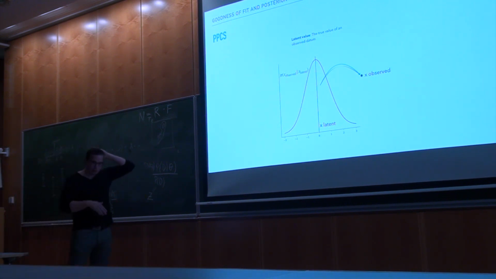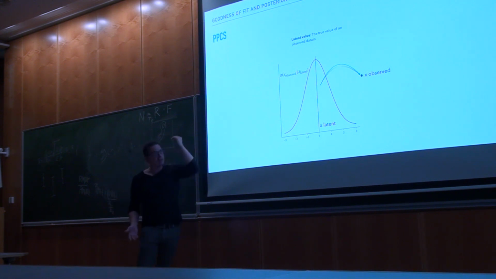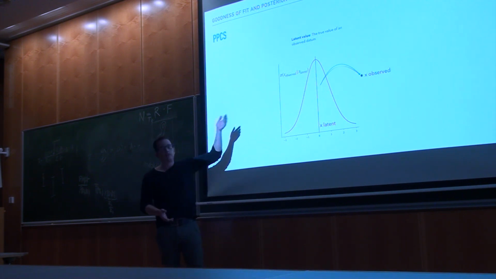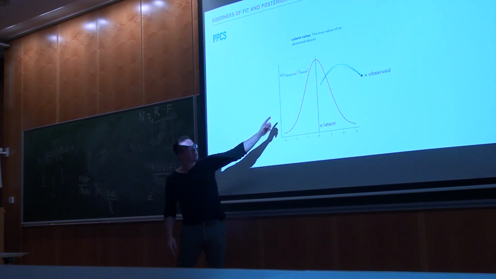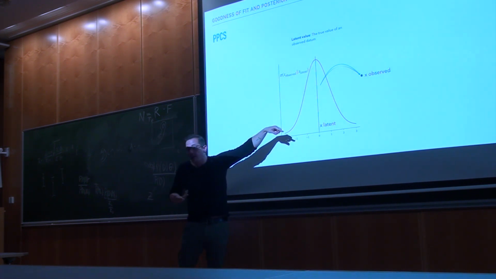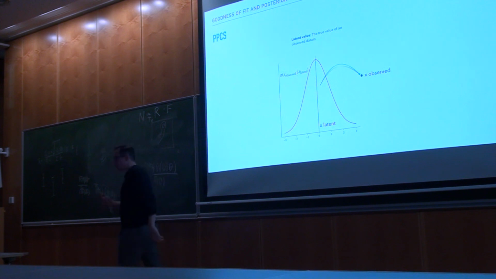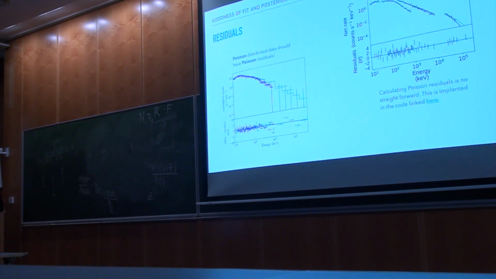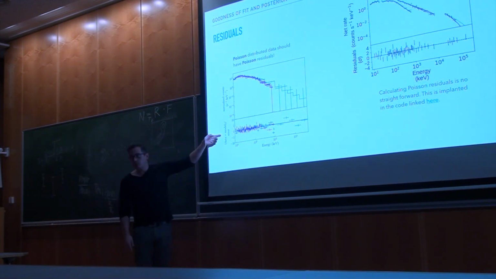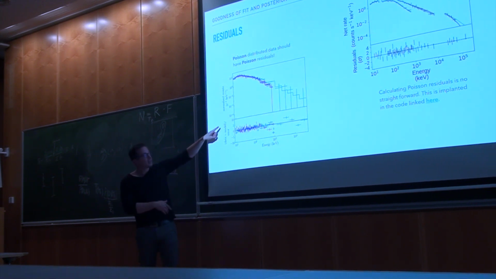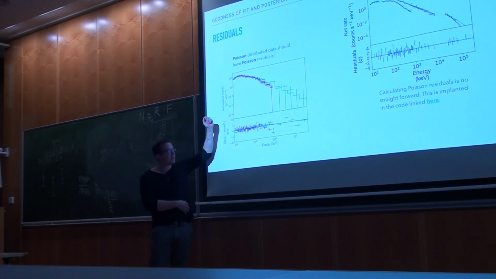One of the things people like to do in the maximum likelihood framework is to look at residuals, right? A residual is a distance measure between the observed value of the data, which has perhaps been obscured by some sort of measurement error, so we sampled our observed data point, which is what our likelihood is telling us, from some latent true data point. If you compute the distance between them, that gives you your residuals. Now, residuals are fine in general, but if you're using Poisson data, the residuals should be Poisson distributed, not data minus model over error, which you can easily do in XSpec because it allows you to.